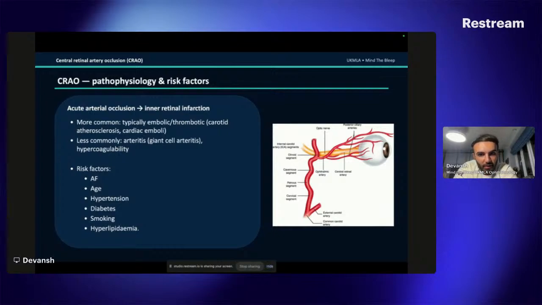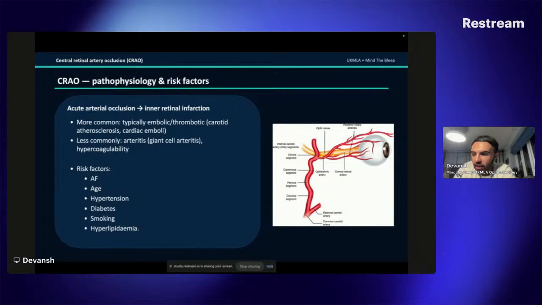That again, it can increase the risk of limb ischemia, can increase the risk of strokes. In the same way, it can increase the risk of central retinal artery occlusion as well. Age, hypertension, diabetes, smoking, hyperlipidemia, all of the classic metabolic syndrome risk factors that you can think of would contribute to an increased risk of CRAO.